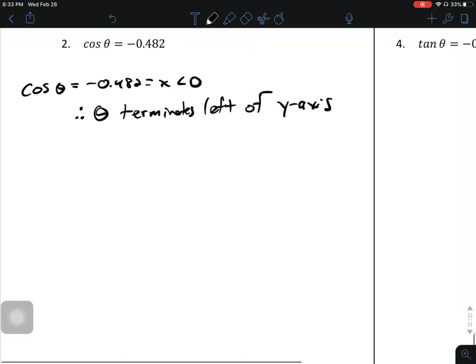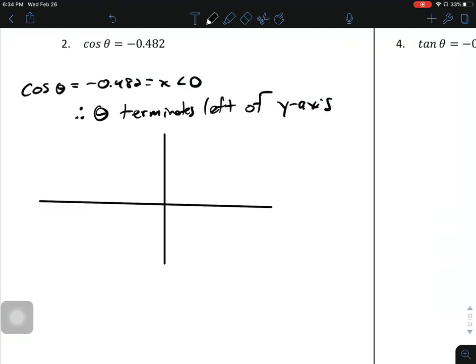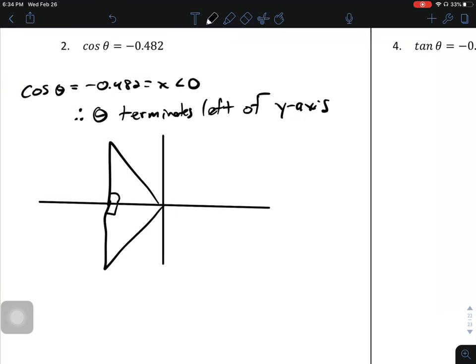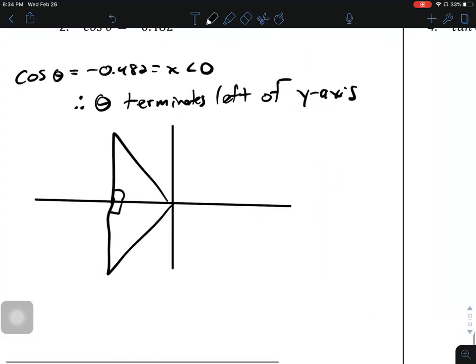So when we draw a picture for this, our reference triangle is going to be in quadrants 2 and 3. And we know that the x value here is negative 0.482.